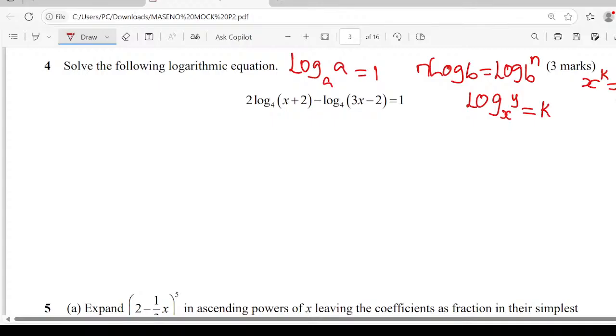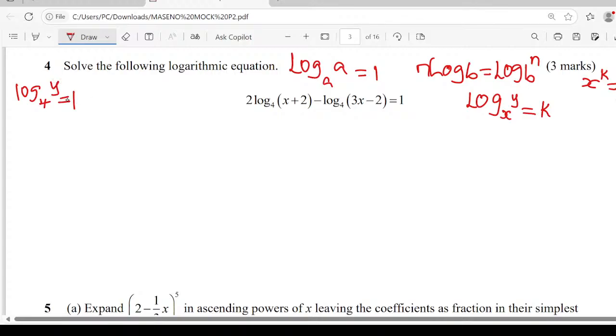One, I know that because the left hand side is to log 4, I can say maybe log to base 4 of y should give me 1. I need to get that value of y. So as I've said earlier, if I'm given that, I need to change it to index notation. The power will drop to the right hand side of the equal sign.